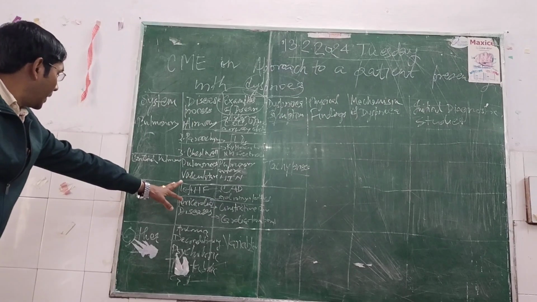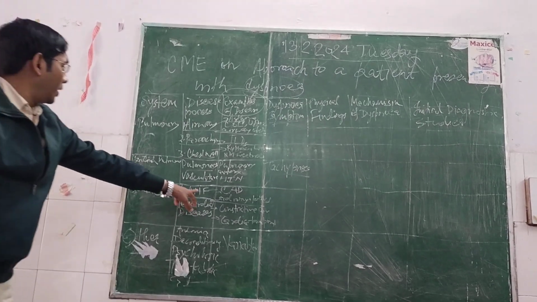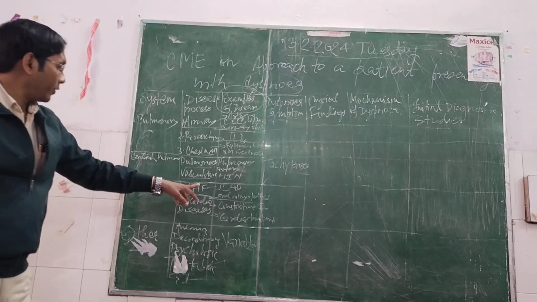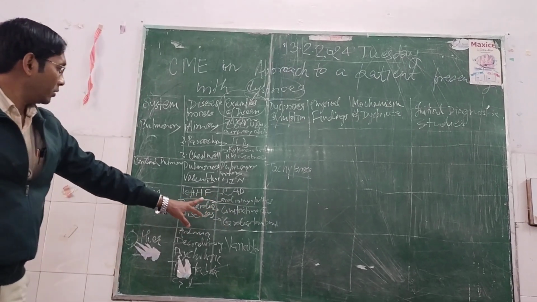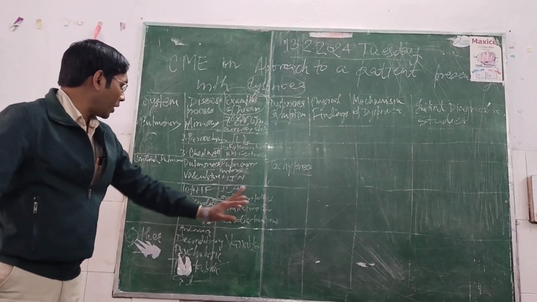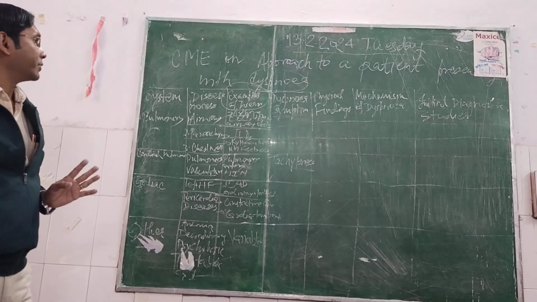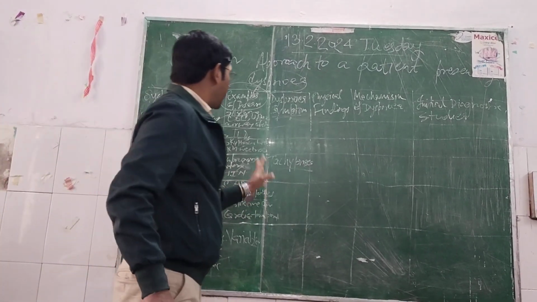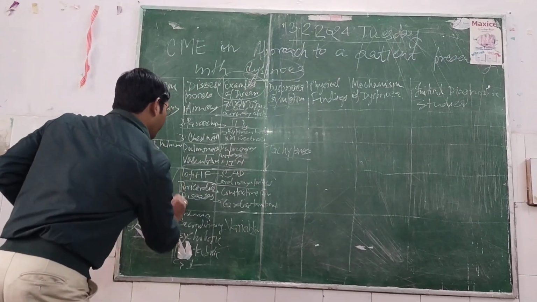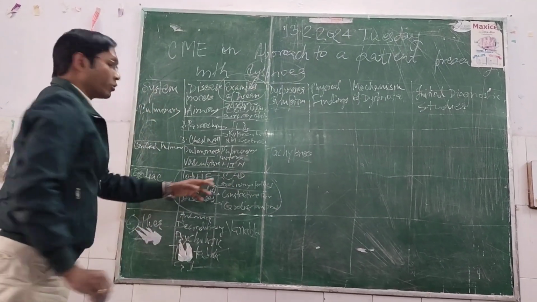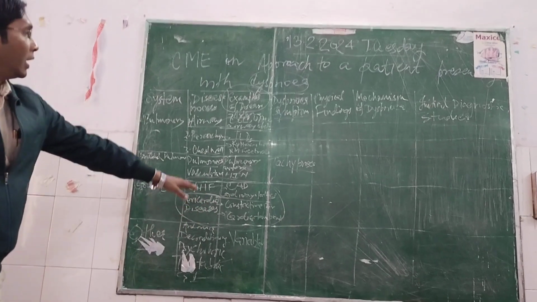Now coming to the cardiac system, the left heart failure. Left heart failure is caused by coronary artery disease, cardiomyopathy, constrictive pericarditis, cardiac tamponade, and pericardial disease. Now the rest of the things are similar in this case, just the examples of diseases are different.